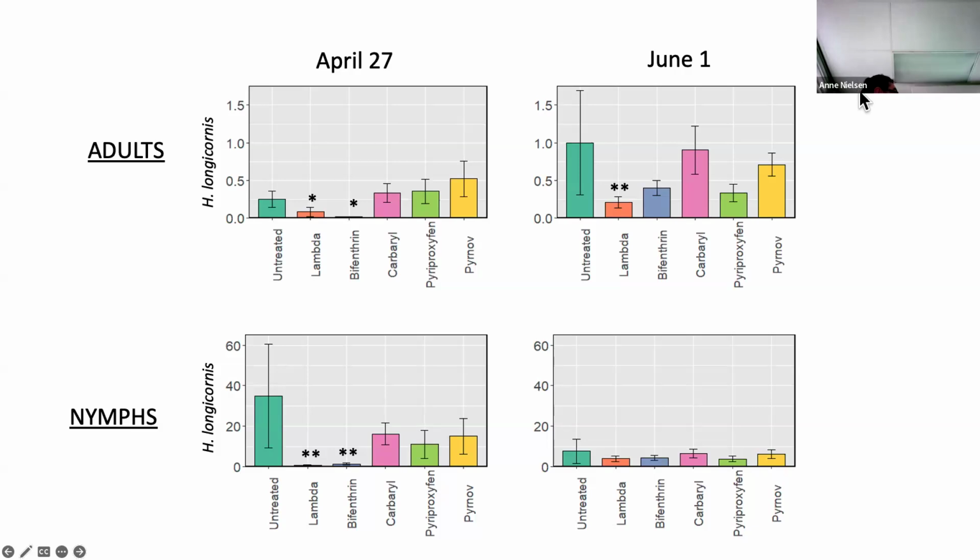We still saw an effect with lambda-cyhalothrin that we didn't see anymore with bifenthrin, and we didn't see an effect on the nymph population anymore, but we still saw an effect on the adult population in June. So it seems that the treatment not only controls ticks that year, but it might have an impact on the following season.